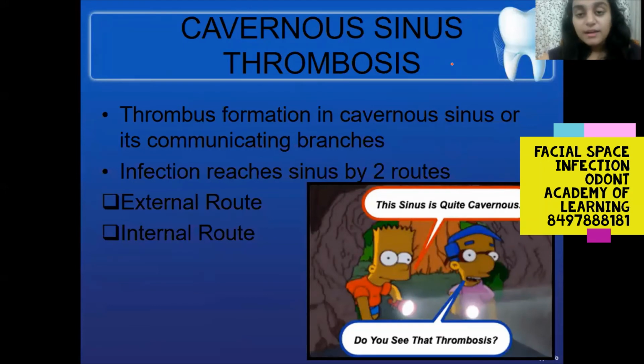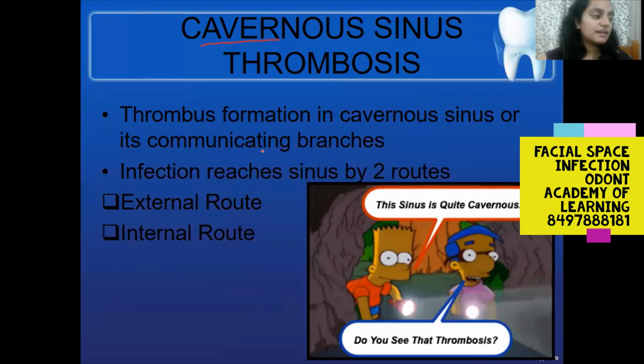Now, the most common complication of the maxillary space infection, usually in the anterior region, is called cavernous sinus thrombosis. So cavernous sinus thrombosis is, just give me 1 minute.